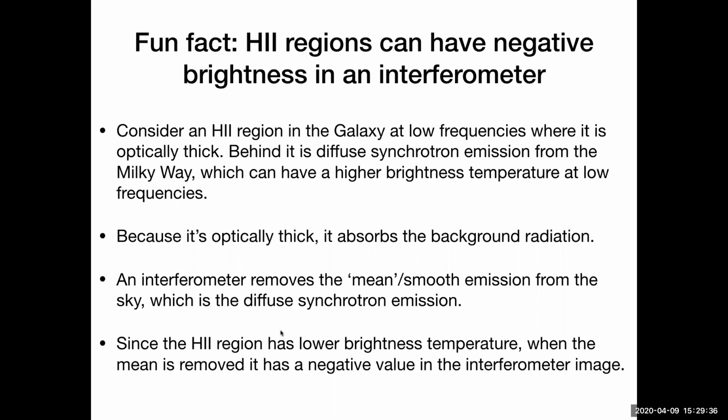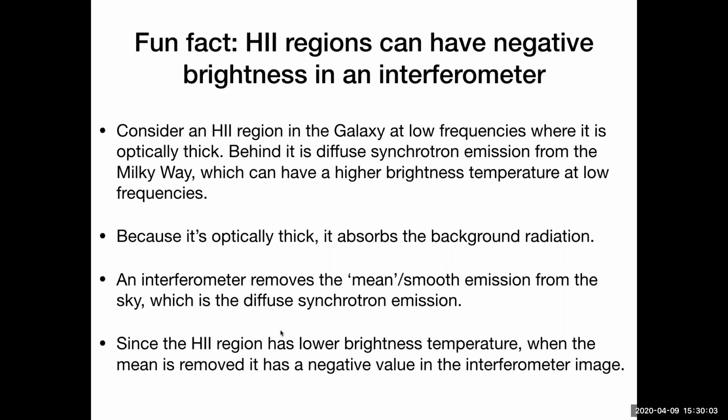Behind it, you also have diffuse synchrotron emission, which I haven't discussed yet, which has a higher brightness temperature. So it's much brighter, effectively. But because the HII region is optically thick, it is absorbing radiation from behind it.